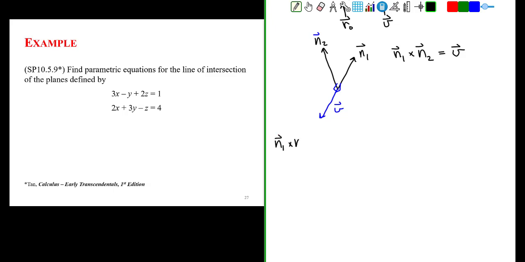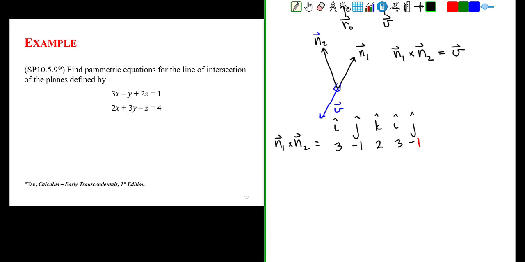n1 cross n2, I am going to evaluate this using a 3x3 matrix where the columns correspond to the different x, y, and z components, and the rows correspond to the two different vectors and the unit vectors in the top row. The second row has the components of the normal vector for our first plane: 3, minus 1, 2, and then I will repeat 3, minus 1.